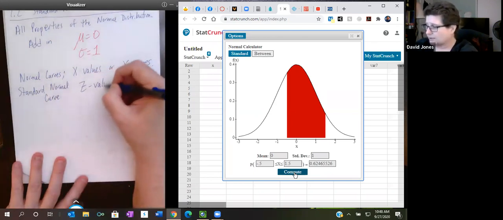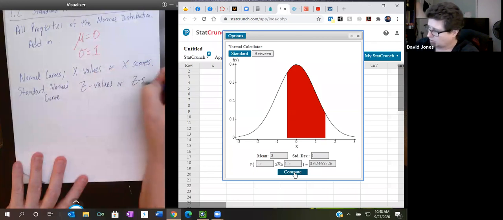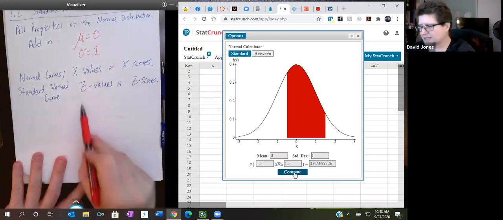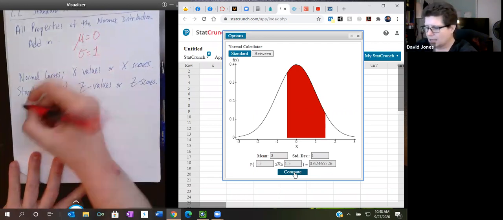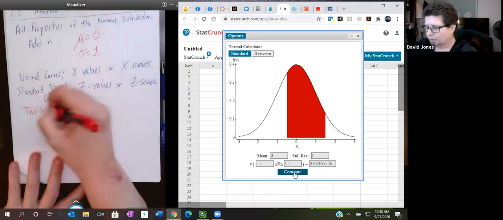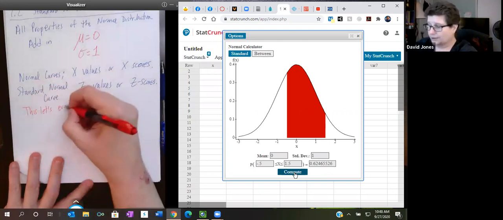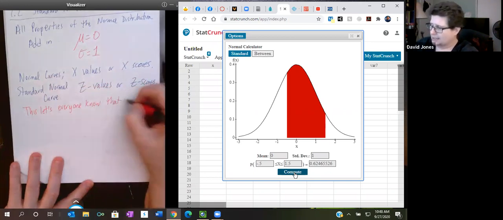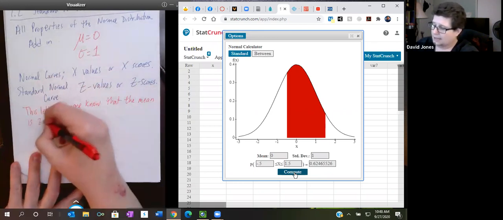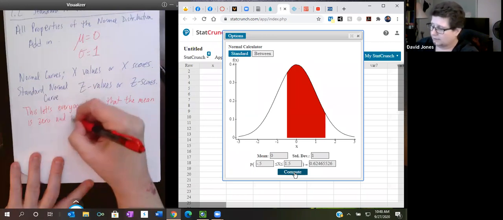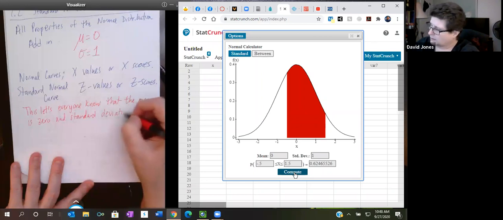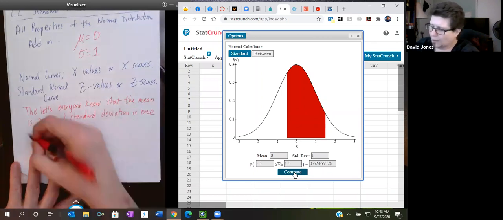By using z specifically for standard normal, this lets everyone know that the mean is 0 and deviation is 1 when we say z-score.